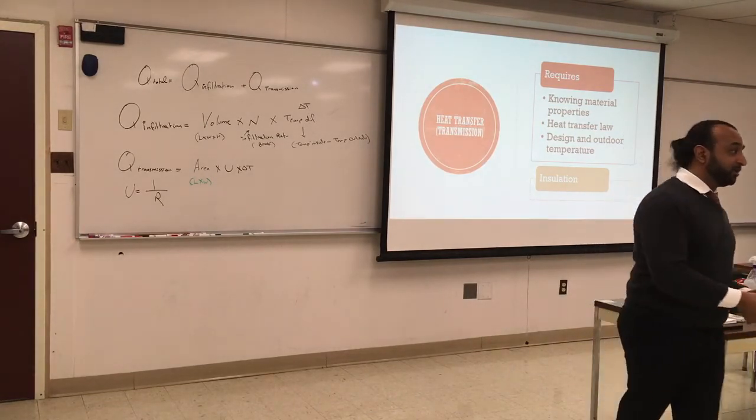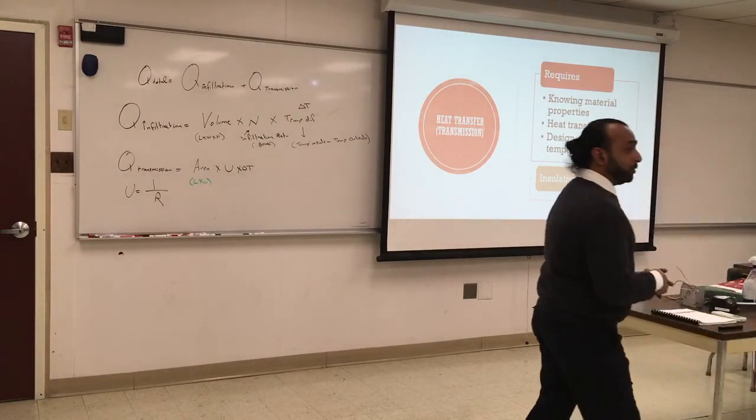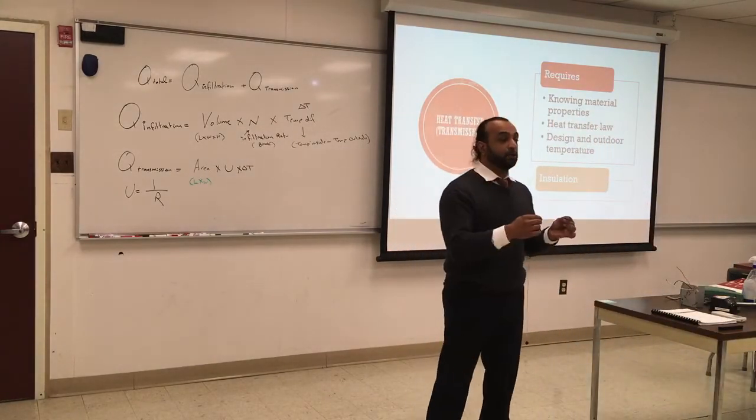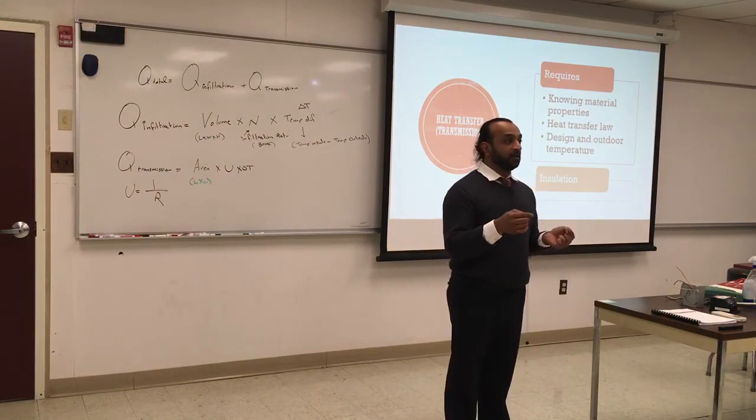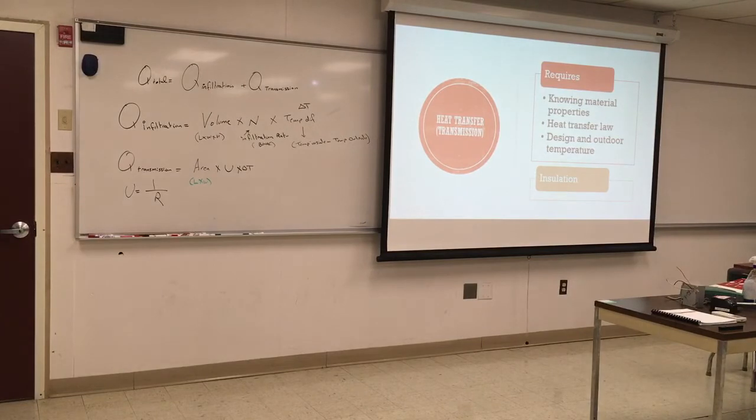There are some thin materials that have really good resistance based on the composition of the material and sometimes the voids in it. So wool is one of those materials that, even though it's so thin, is very highly resistive to heat transfer. The other thing is something called aerogel.